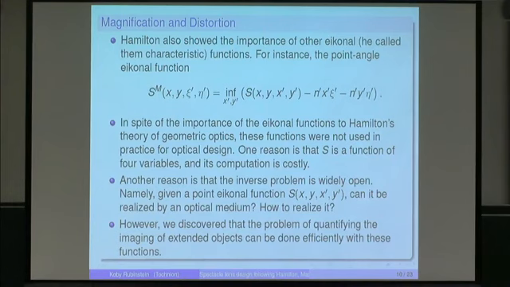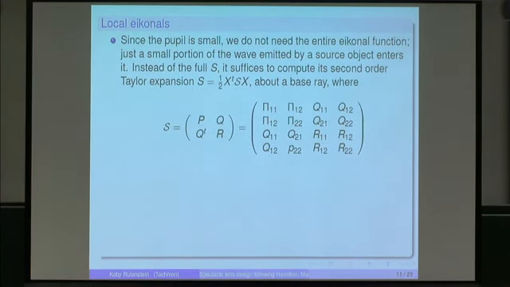But what we realized is that it can be used in our context, because what we really need is only a small part of the wavefront. We don't need the entire function. Practically, if I take a certain given gaze direction and expand the point iconal function about this direction, the linear terms vanish by symmetry, and we are left with the quadratic terms, given by this matrix S, a 4x4 matrix with four 2x2 submatrices with some symmetries.